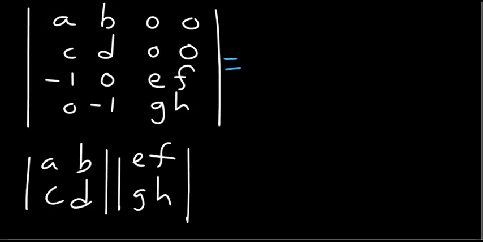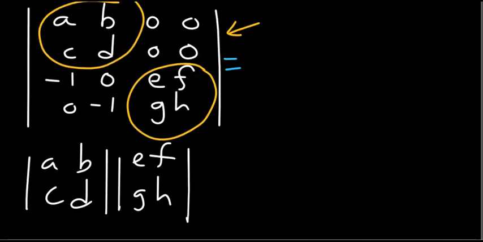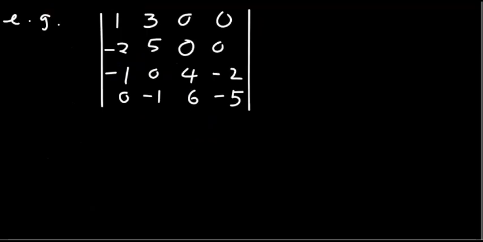So the point is, if you are given a determinant of a 4x4 matrix and you inspect its form and it has this form, then what you have to do is simply take the two order 2 determinants and multiply them to get the overall answer. So here is such an example. You have the same structure as before.